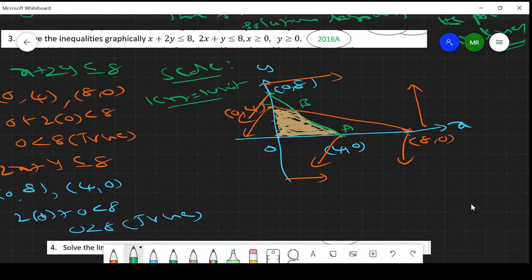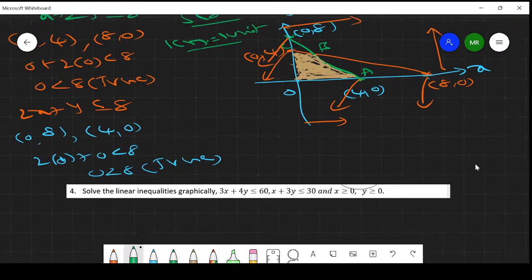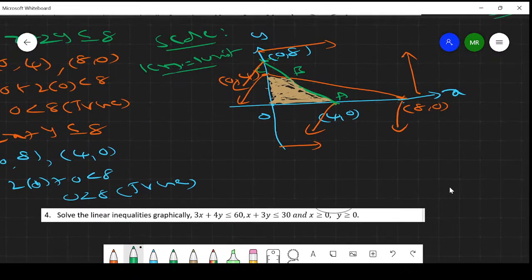The shaded region is the solution region, including the points on the line. Definitely a 5 marks question.